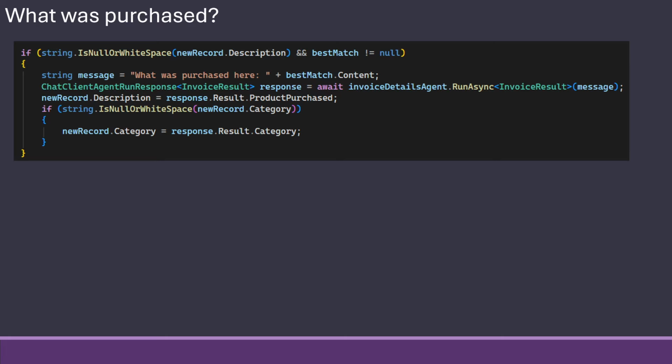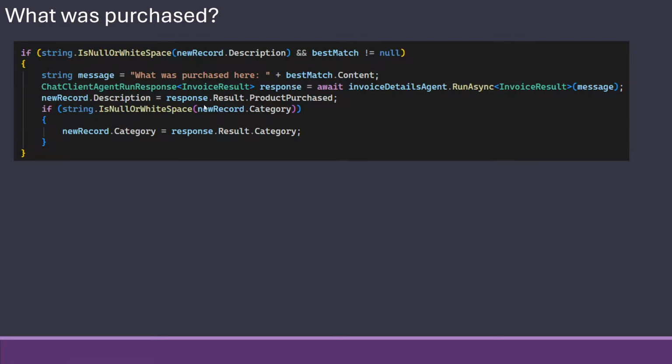Then the final thing in terms of AI is we check what was purchased. So if we don't have a description yet, because the fake AI, the regex, didn't find anything, and we got a best match, we just take the extracted content of the PDF and ask an AI again what was purchased.